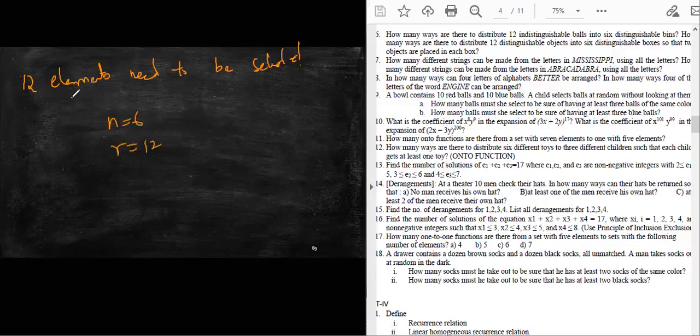We are selecting 12 balls and putting them in 6 bins, and repetition is allowed. Now what will be your different ways to put the balls? It will be n plus r minus 1 C r. So in this case we will have 12 plus 6 minus 1 C 12. So that is equivalent to 17 C 12, and you can solve it as you like.